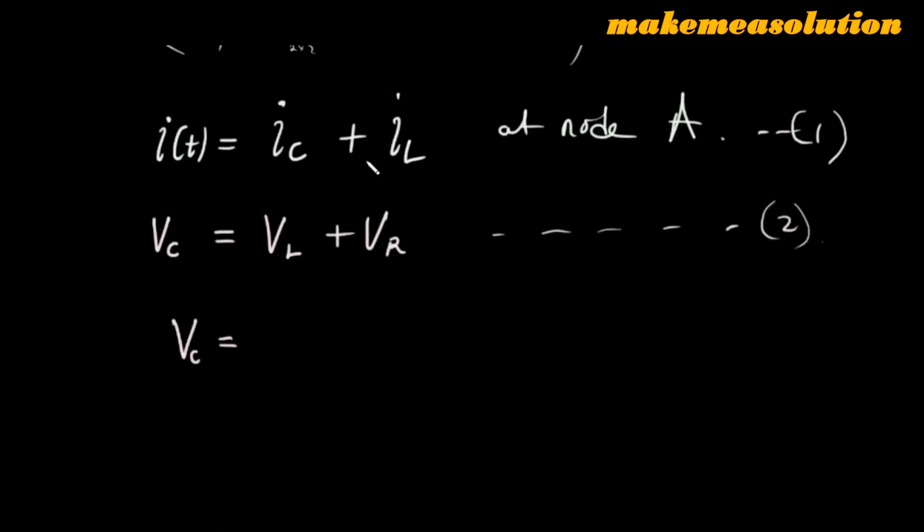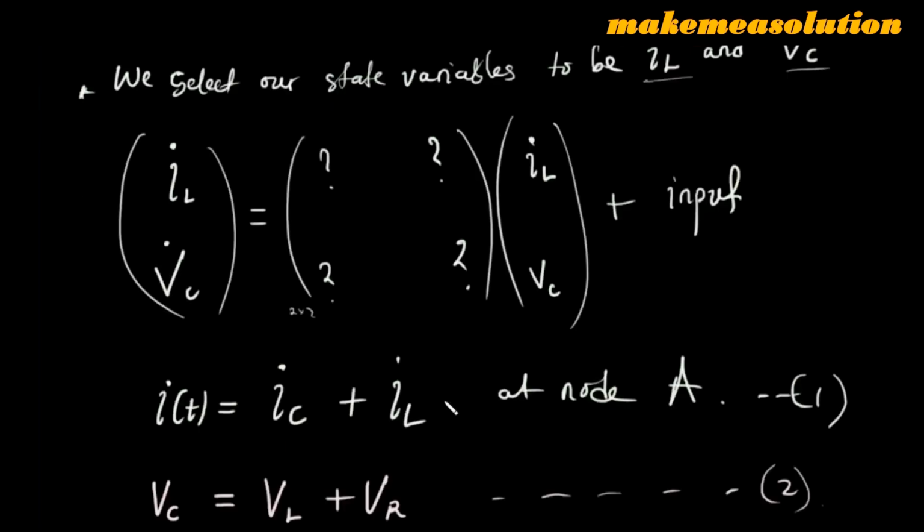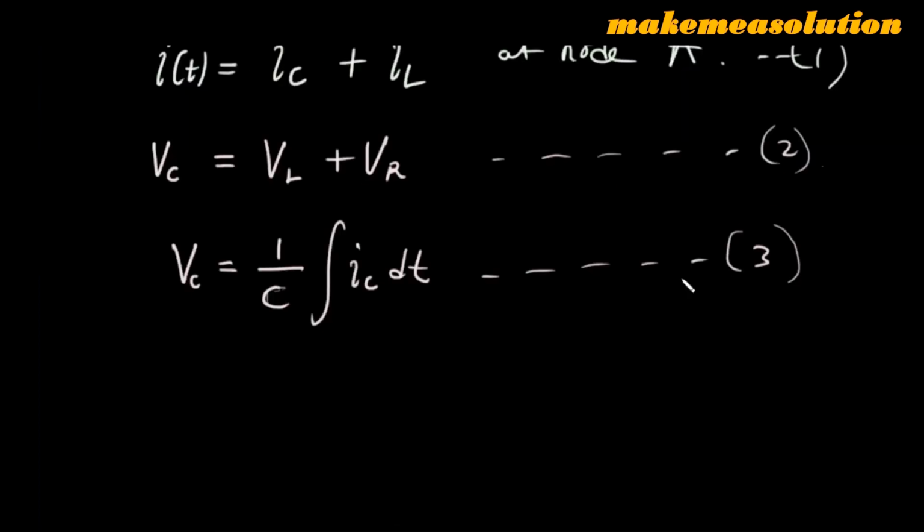For any capacitance given, the voltage across it is 1 over C integral of IC dt. So this is equation 3. This is the formula for calculating the voltage across a capacitor when you're given the capacitor current and the capacitance. So these are the 3 equations that we're going to use to populate this state matrix that we have over here. So let's move on.